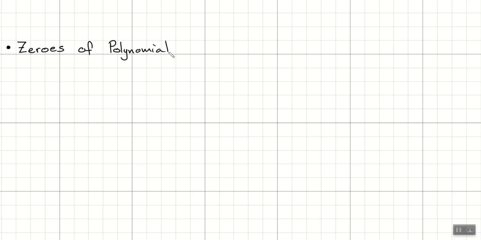Okay, so right off the bat, we're just going to preface this and say that given a polynomial, and I'm just going to say poly, given a polyfunc, and we'll just call it f of x, we have a bunch, and I'm just going to say we have equivalent statements.